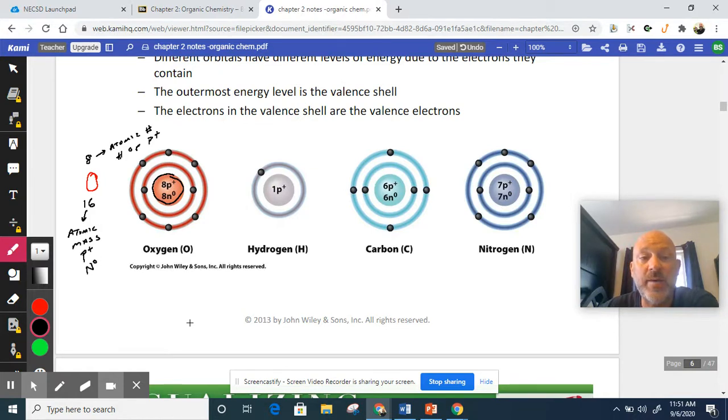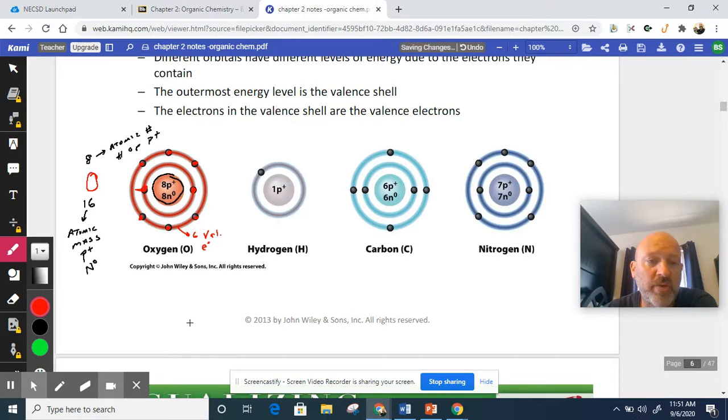So if there's 8 positively charged particles, we can expect to find 8 negatively charged particles, 2 in the first shell, and then we need 6 more. So this atom of oxygen has 8 electrons, but it has 6 valence electrons.